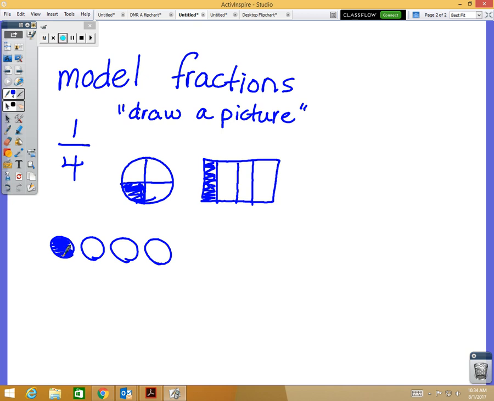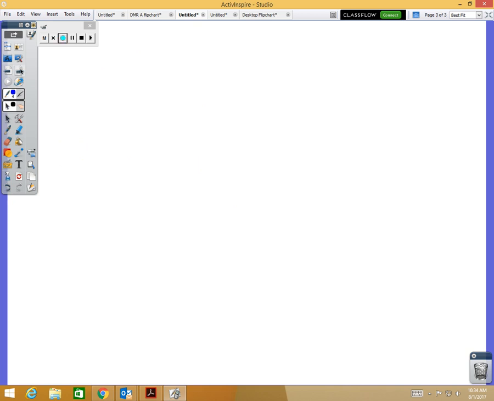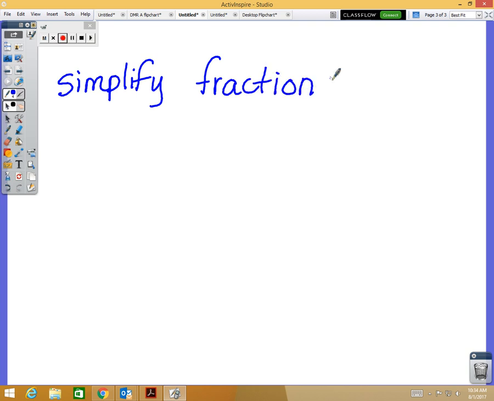Okay, so what is the purpose of simplifying fractions? Think about that for a second while you're writing. Basically, for notes, if I write it up here, then it's a good idea to write it in your notes, okay? What would be the purpose of simplifying fractions?